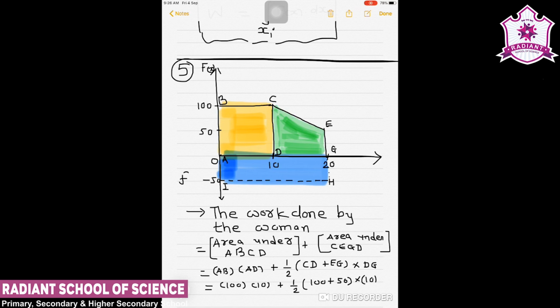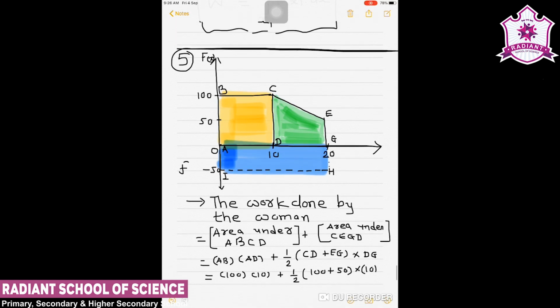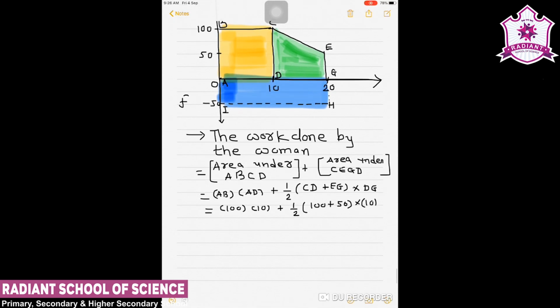When we combine this, the work done by the woman is 1000 plus 750, which equals 1750 joule. So that is the work done in this process.